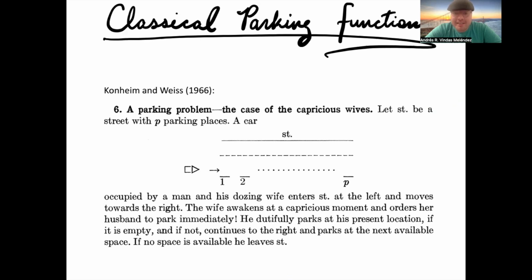The wife awakens at a capricious moment and orders her husband to park immediately. He dutifully parks at this present location. If it is empty, he parks, and if it's not, he continues to the right and parks at the next available space. If no space is available, he leaves the street. So this is the setting that we're going to work in.